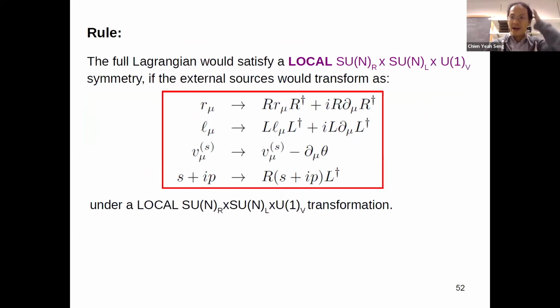So what is this rule of symmetry restoration? The rule is the following.